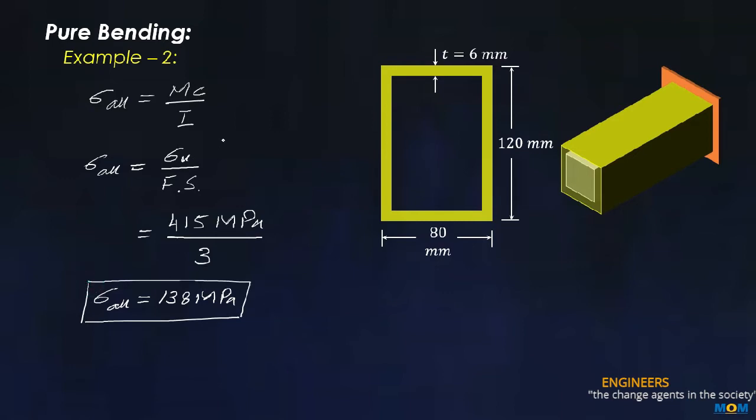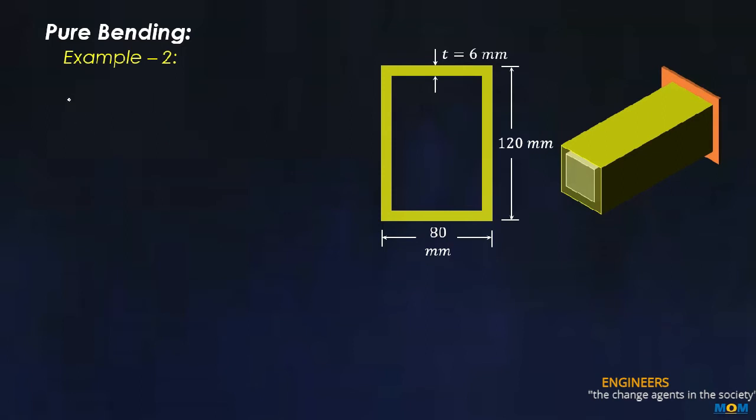Now further, in this expression we have to calculate the moment of inertia I. So for that, the basic expression for the moment of inertia, that is I is equal to 1 upon 12 b, that is width of the rectangular cross section, and the height h cube.